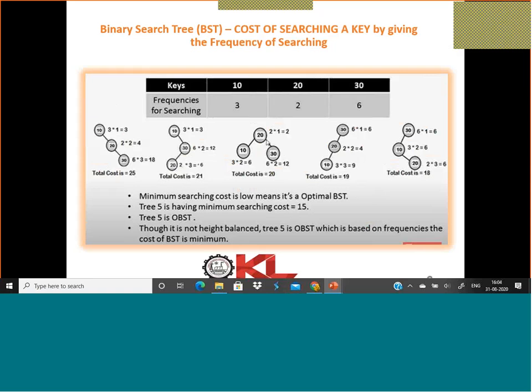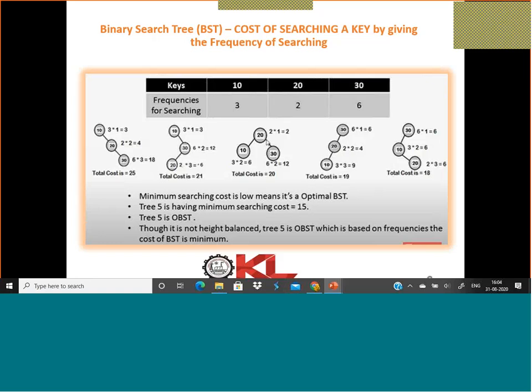It means a customer with account number 10 visits 3 times daily to access his account. Similarly, a customer with account number 20 comes 2 times daily, and a customer with account number 30 comes 6 times a day. So every time you need to perform a search operation to find the data of a particular customer, like the current balance and whatever information is required.